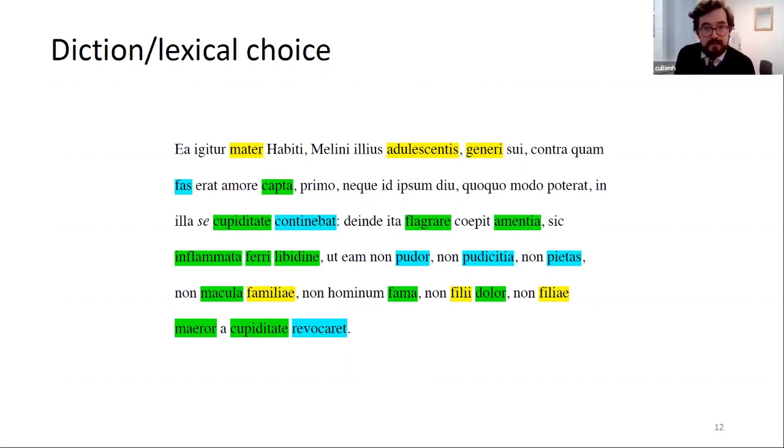Blue words are to do with abstract nouns to do with morality or restraint, good words essentially. Green words are to do with pain or things which are frowned upon. So you've got patterns of text, and you could do this all the way through.